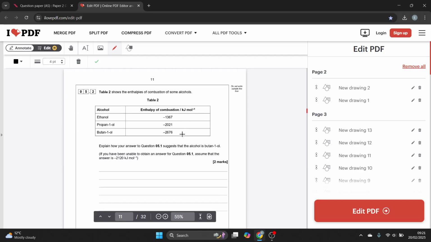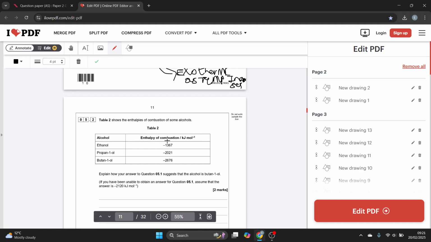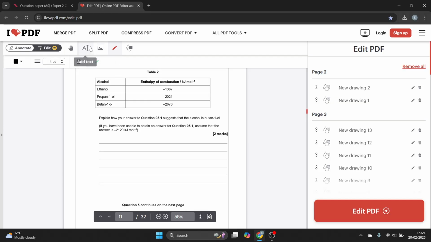Question 5.2, explain how you answer question 5.1. It suggests that the alcohol is butan-1-ol. Well, the first thing you'll be saying in these type of questions is heat loss.